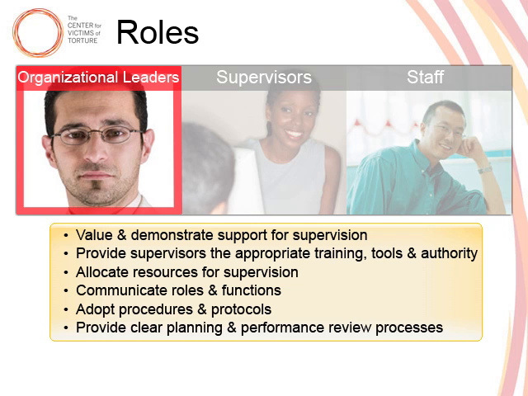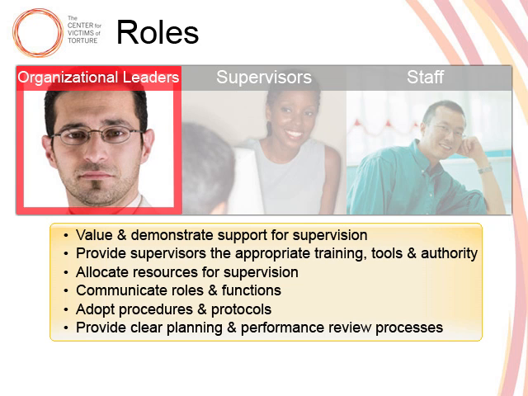They recognize that supervision can help staff work more effectively and efficiently to serve client populations. Leadership demonstrates this value and support by providing appropriate training for supervisors and by supporting supervisors with the tools and authority they need to do their jobs effectively.